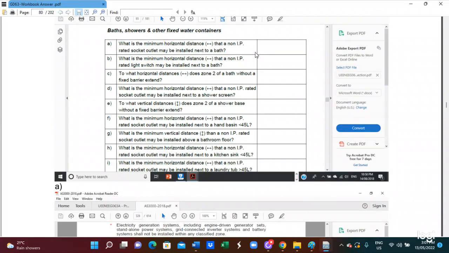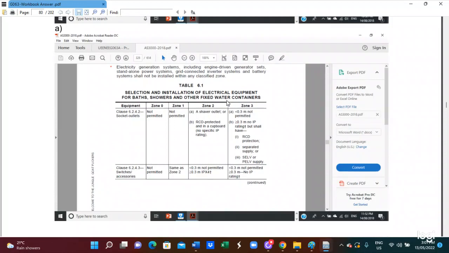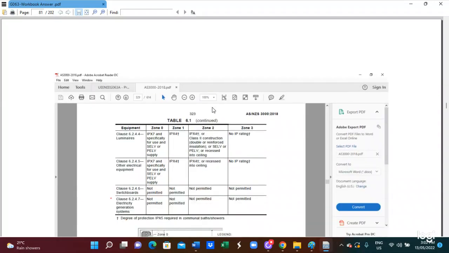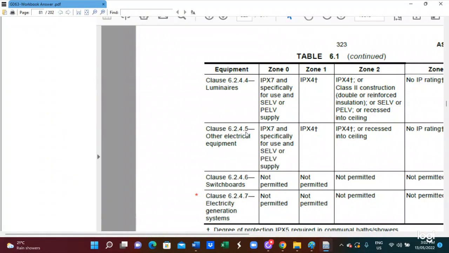So here we need the IP ratings for this exercise. Table 6.1 covers the selection and installation of electrical equipment for baths, showers and other fixed water containers. So if you want to install electrical equipment in a bathroom or any similar place, you have to follow table 6.1 of EL3000.